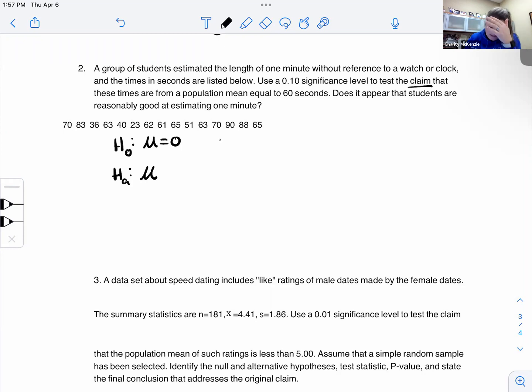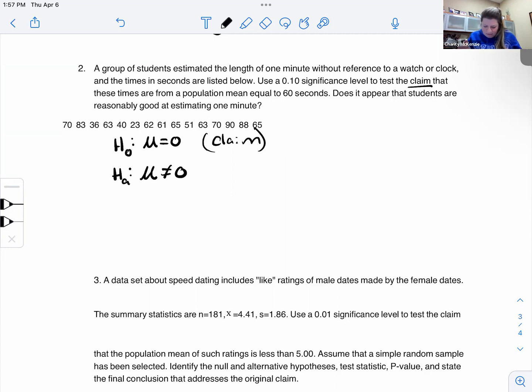So the claim is actually equal to 60. So this time the claim is the null. Well, if I don't have less than, greater than, or any of that in my claim, what do I use? Not equal. Because we don't know if people will estimate below or above.